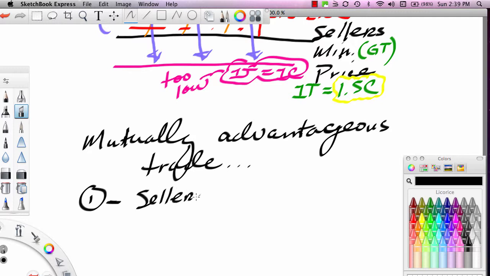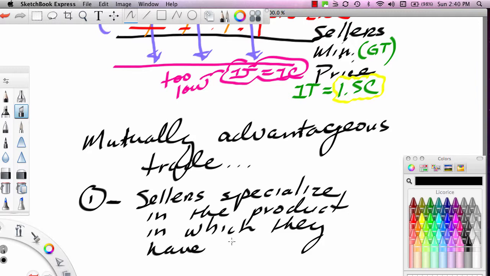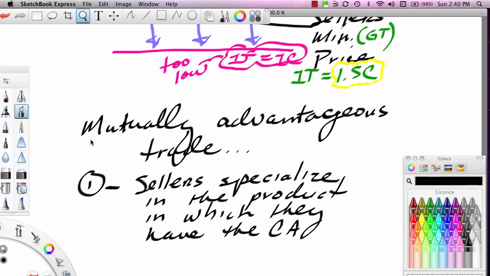One, sellers specialize in the product in which they have the comparative advantage. I'll just abbreviate that.